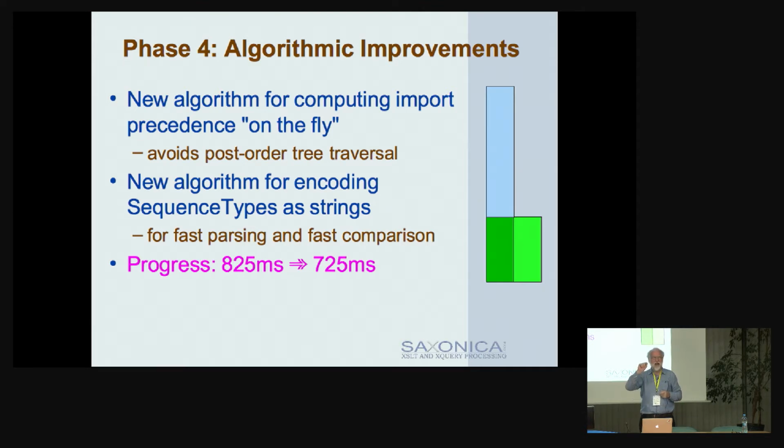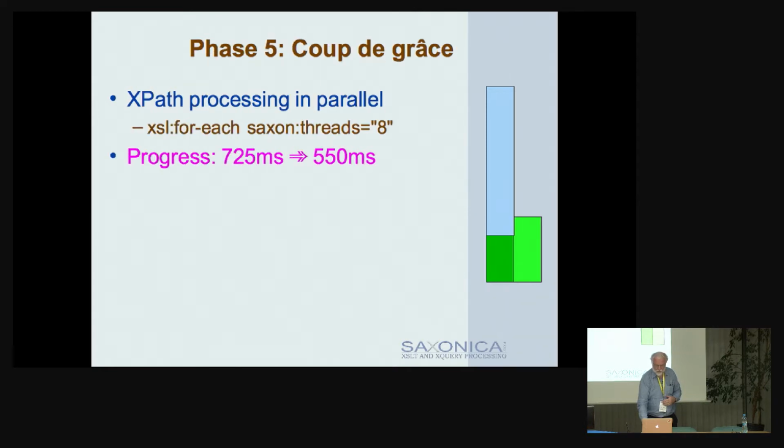So we're now within an absolute whisker of the target, but perhaps it's not quite time to stop yet because we haven't quite made it, so we've got an excuse for carrying on a bit further. And then I thought, there's one trick in the book that we haven't used yet, and that's multithreading. So let's add one attribute to the style sheet. Let's say Saxon threads equals 8 in the right place, which is where we're doing XPath parsing.